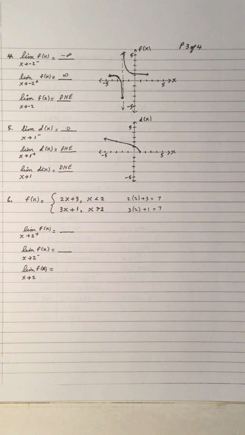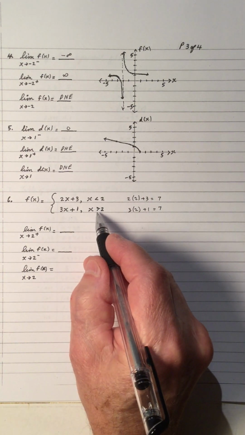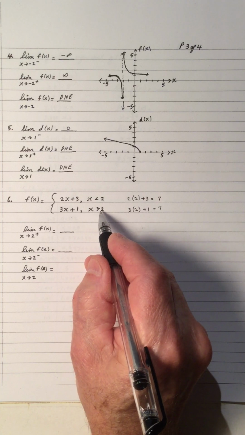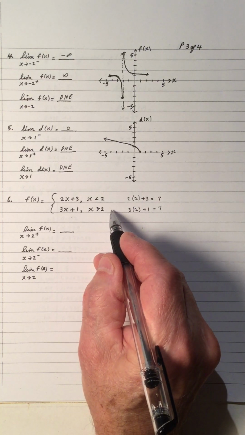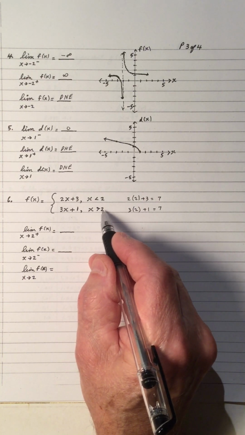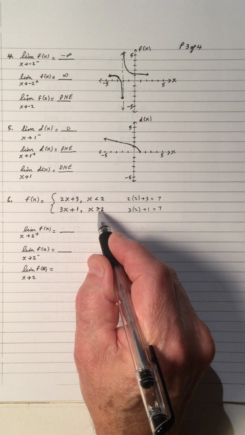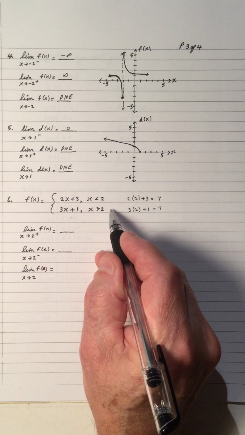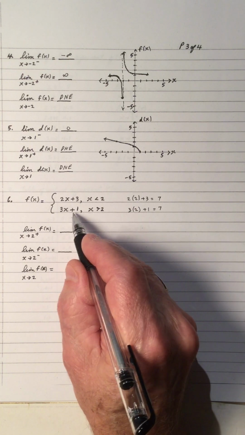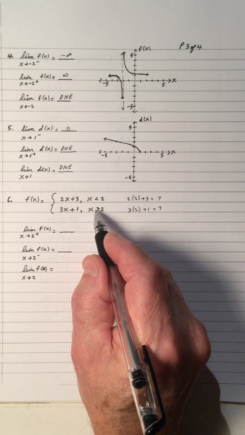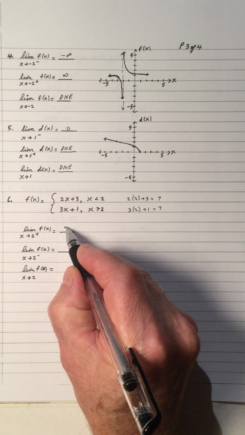If you approach 2 from the positive side, x is greater than 2, which is the right side of 2. So the limit right here is that as you approach it, you'll come to a 7.